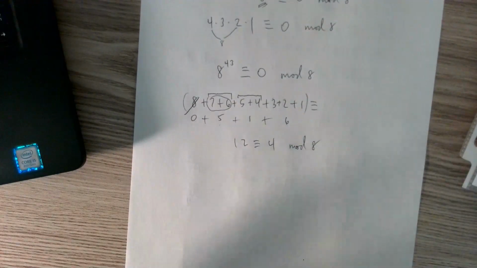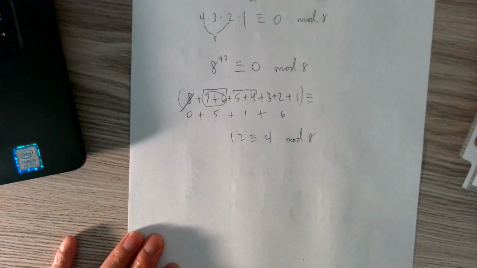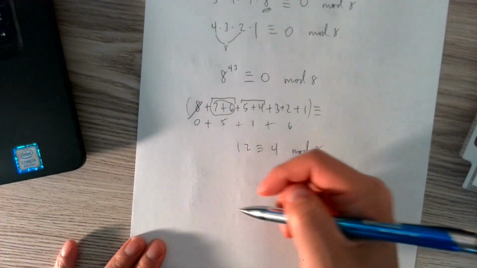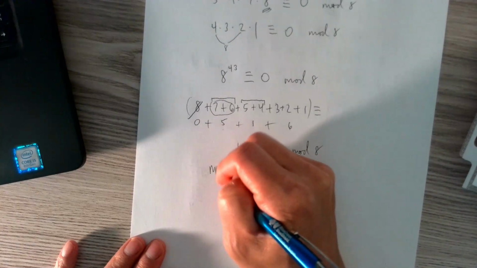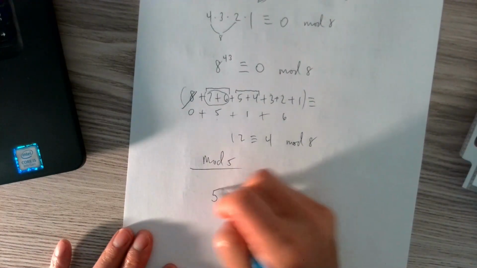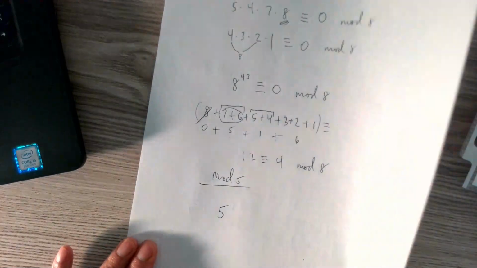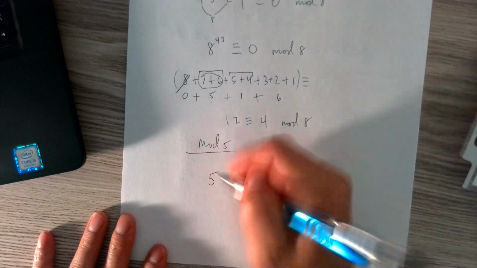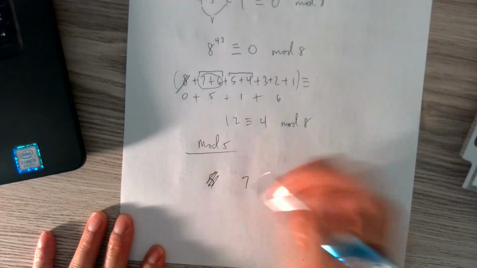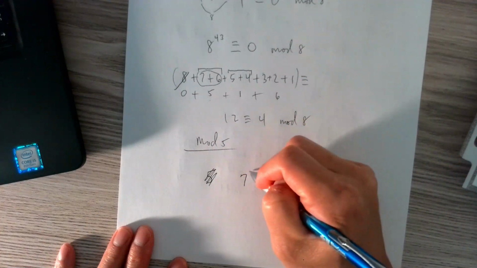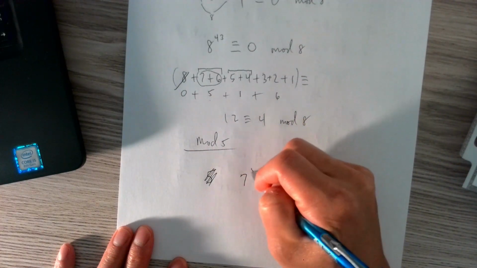One thing you can't do is convert exponents. For example, let's go back to mod 5. So we're back in mod 5. So I have 7, and I'm going to raise the 7 to the 5th power.